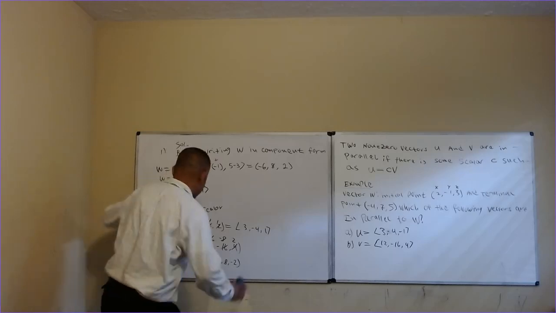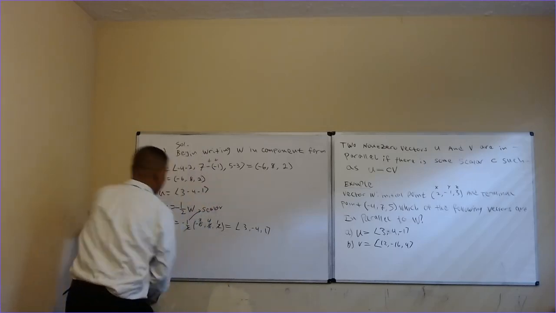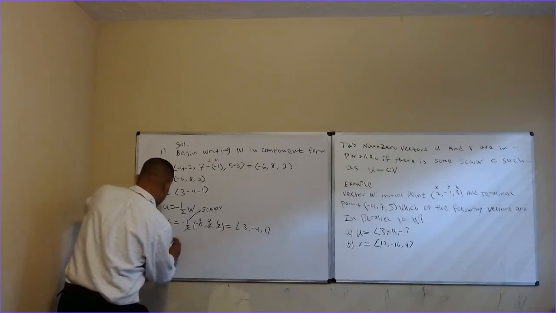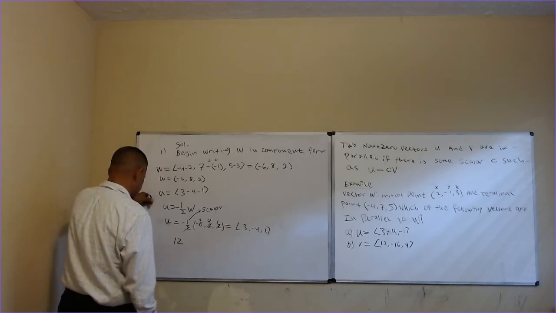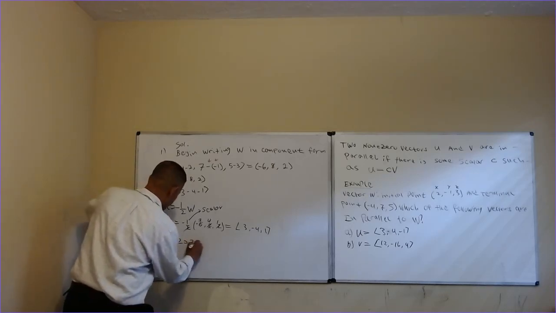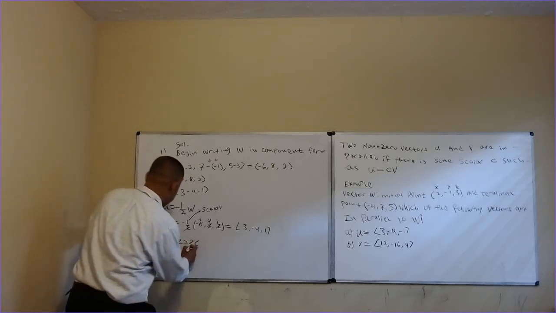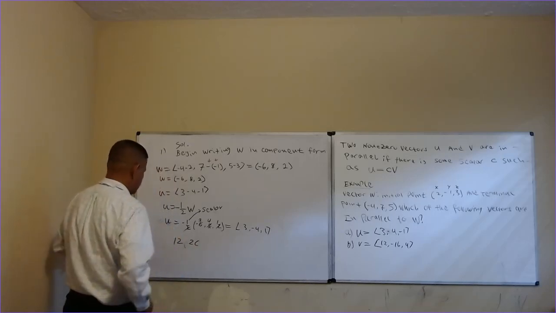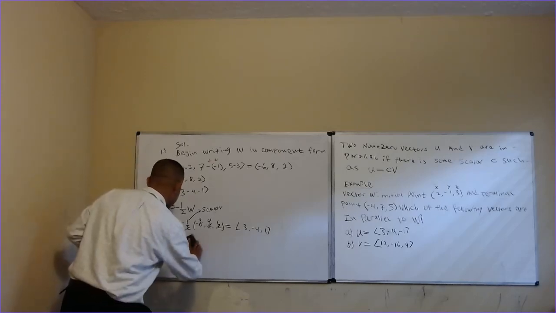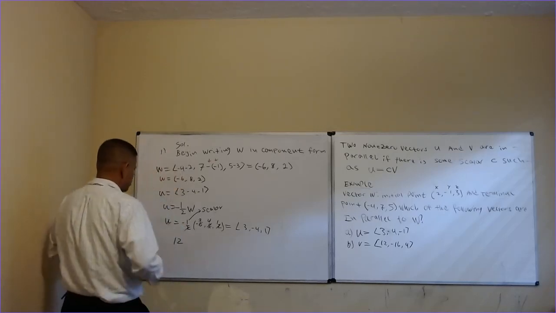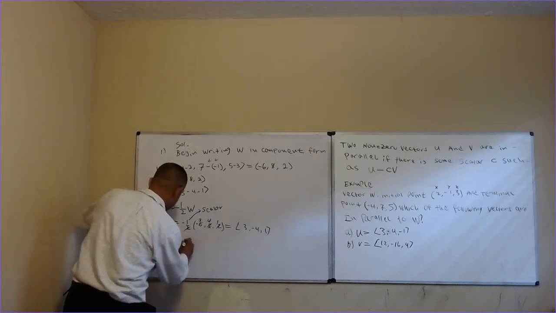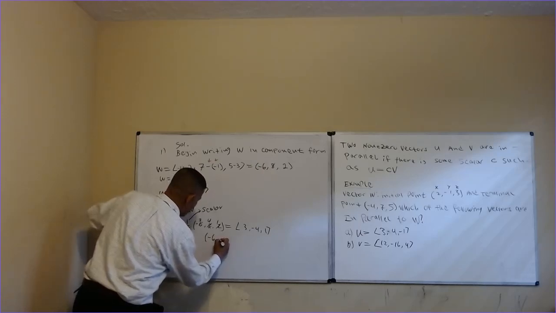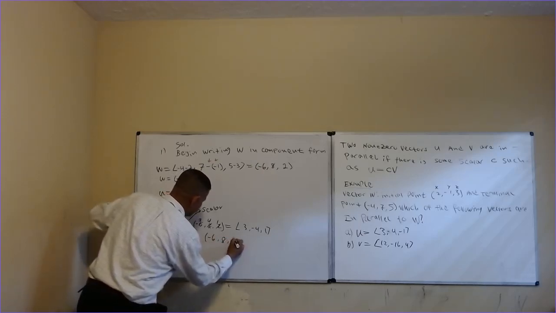Let's say you want to do 12, it's equal to 2C, right? But then we had negative 6, we had 8, we had 2, right?